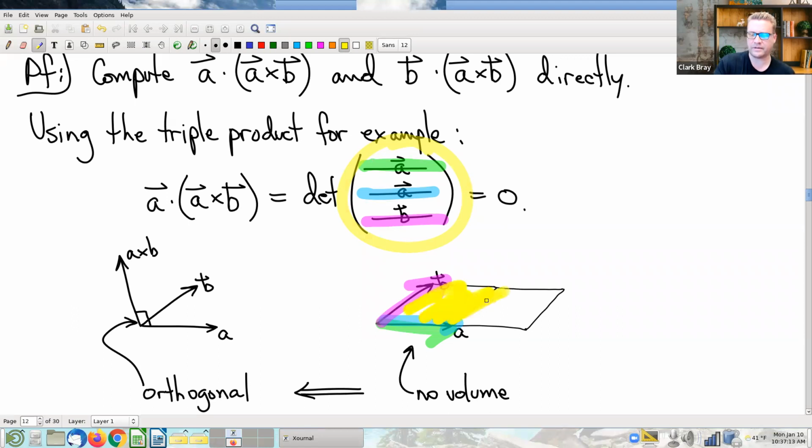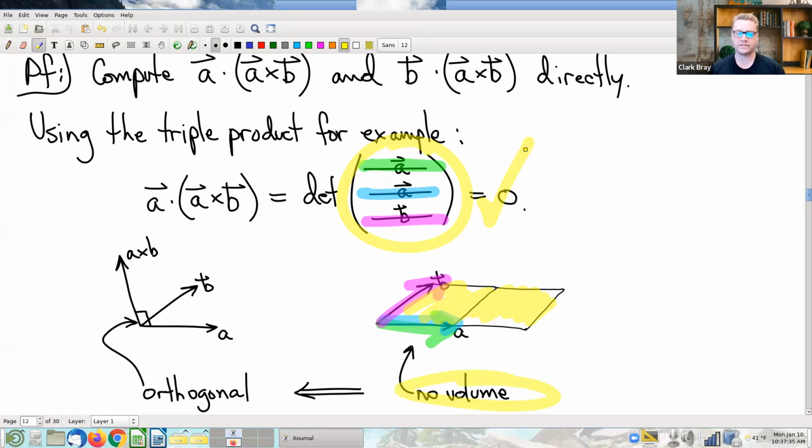This parallelepiped is a flat parallelepiped. It's what I like to think of as already flattened for recycling, like a cardboard box. So geometrically it's a freebie that this volume is 0.